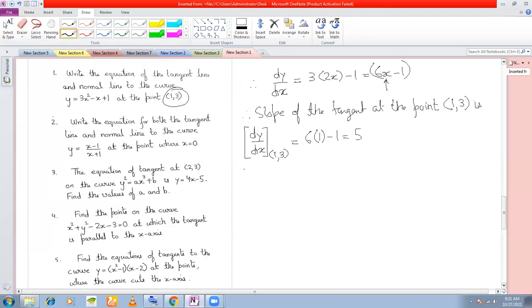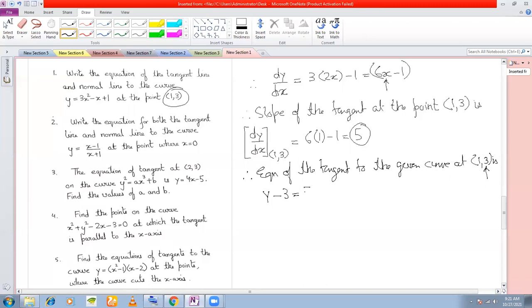Once you have the slope of the tangent, we can find the equation of the tangent. Therefore, the equation of the tangent to the given curve at (1, 3) is, by point slope form, y minus y1, here y1 is 3, is equal to m, here m is 5, into x minus x1, and x1 here is 1.